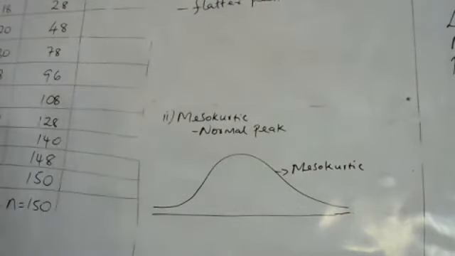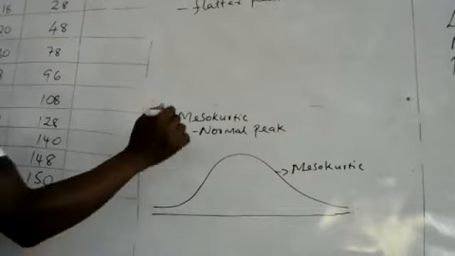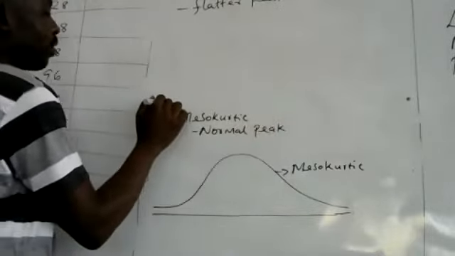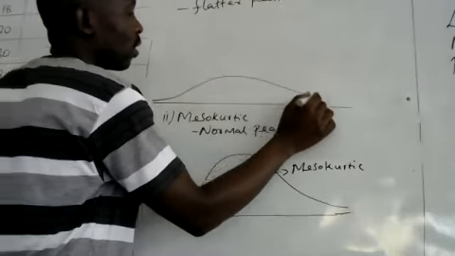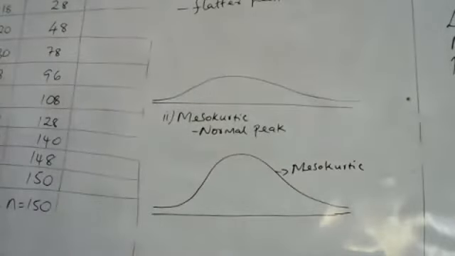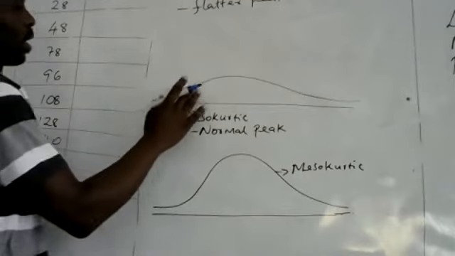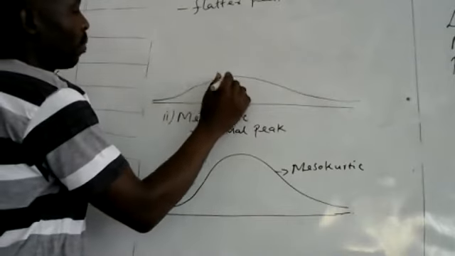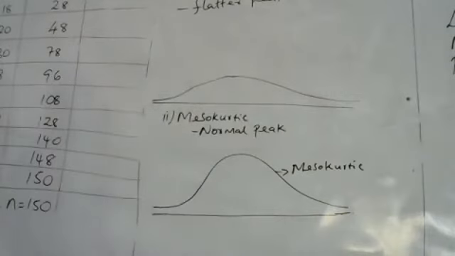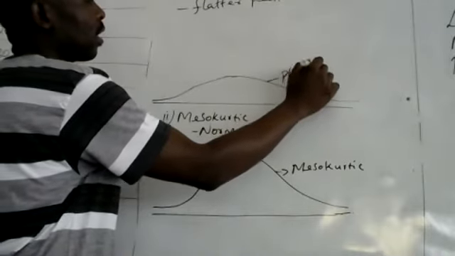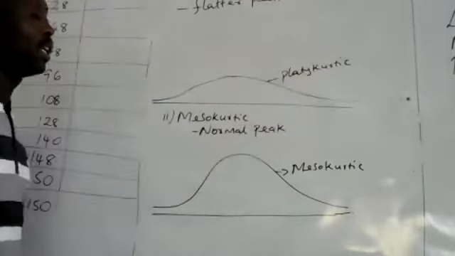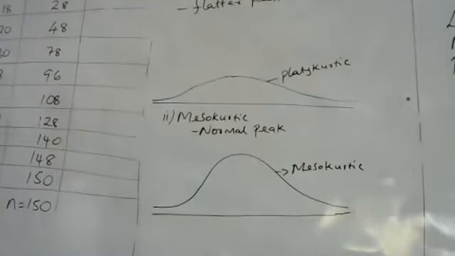A distribution with a flatter peak is what we call platykurtic, and it is represented as follows. It is a distribution that has a very flat peak, something like that.